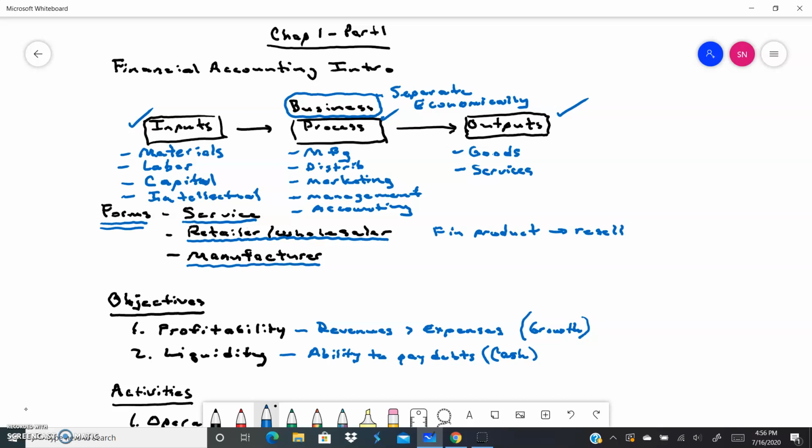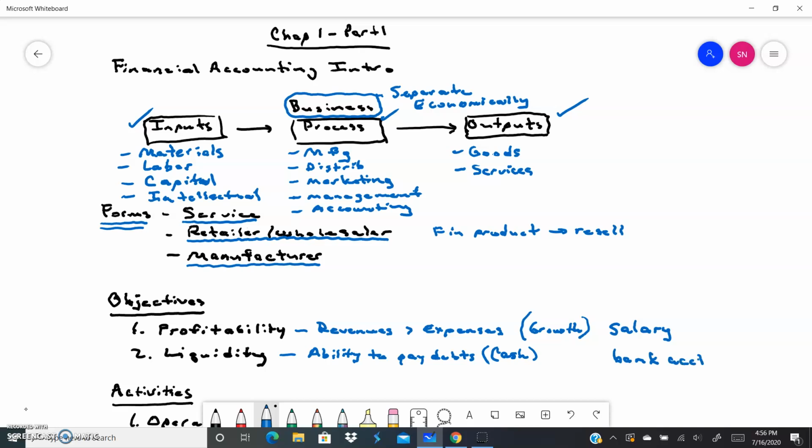So a good way to think about this is maybe profitability. Maybe that's your salary. So maybe you're making $50,000 a year and you're saying to yourself, wow, I'm doing pretty well. Okay. Liquidity, however, you might think of that as your bank account. So yeah, I made $50,000 this past year.